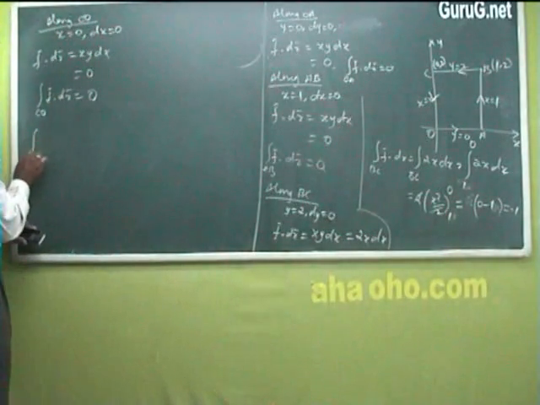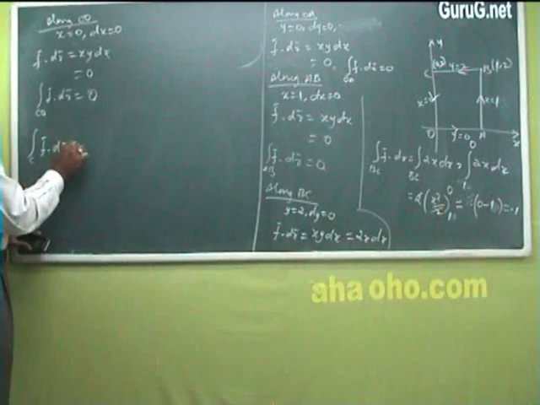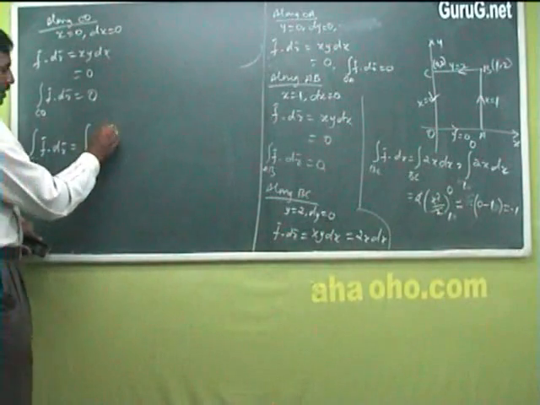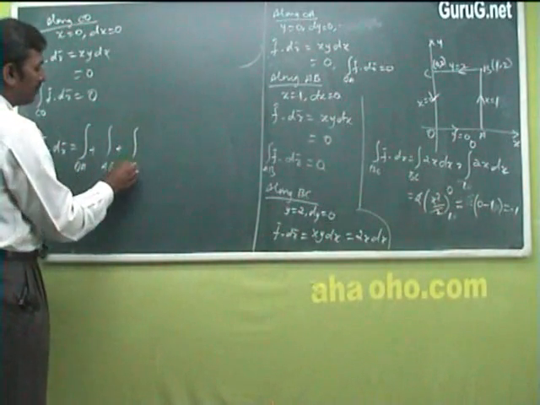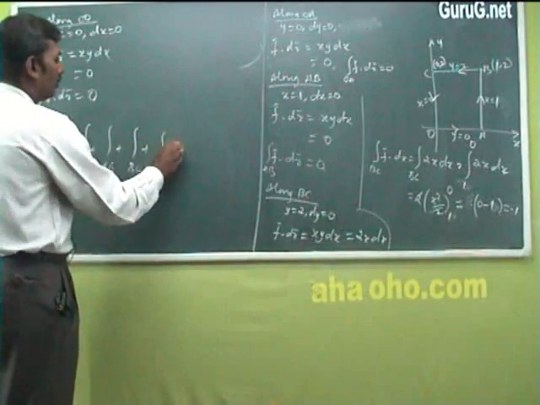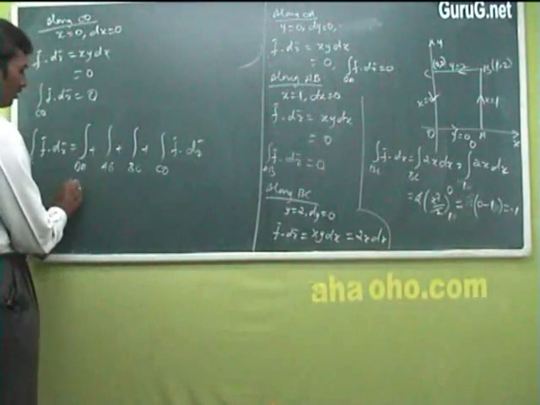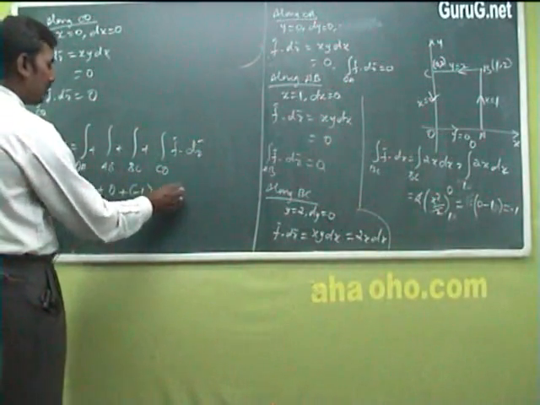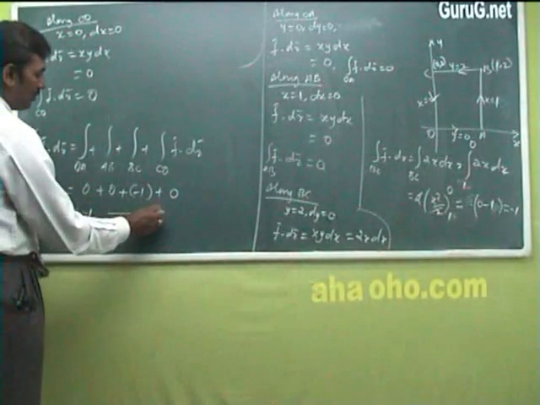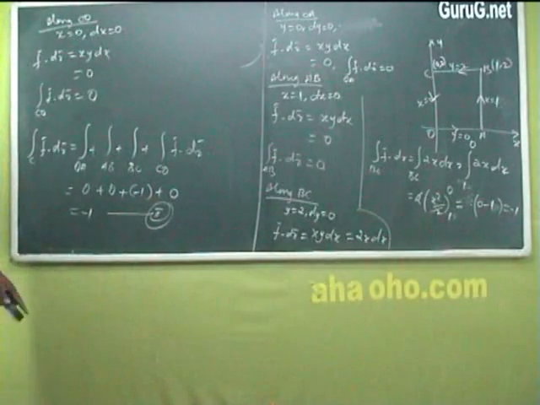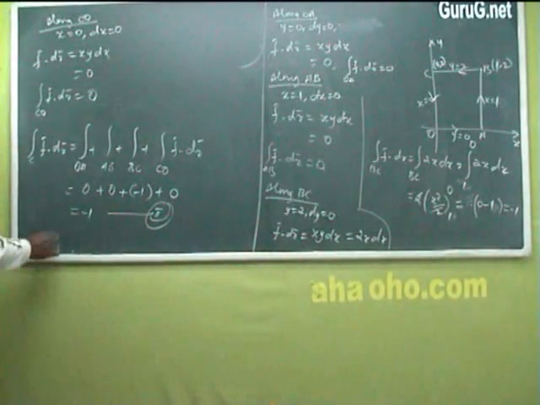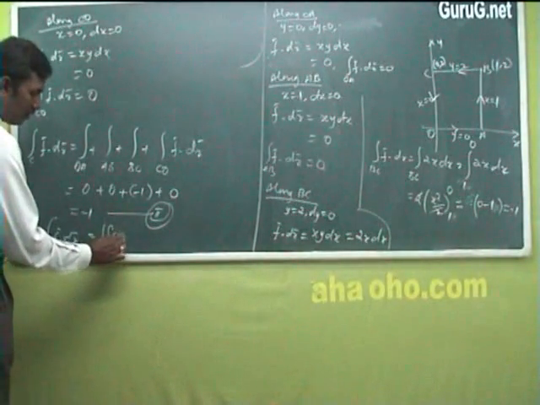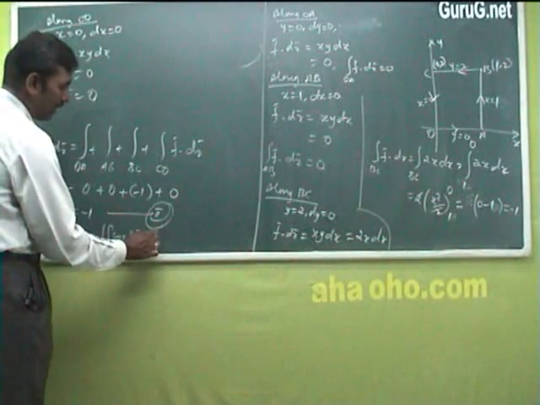Integral over C f dot dr equal to integral over OA plus AB plus BC plus CO f dot dr equal to, so this is 0 and this is 0 and this is minus 1 and this is 0. This is equal to minus 1. So from 1 and 2, Stokes theorem verified. So integral over C f dot dr equal double integral over S curl f dot n cap ds.